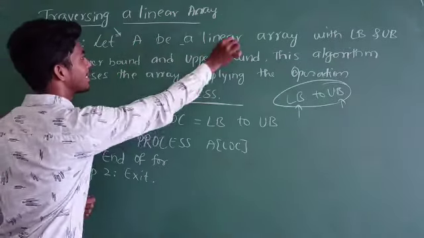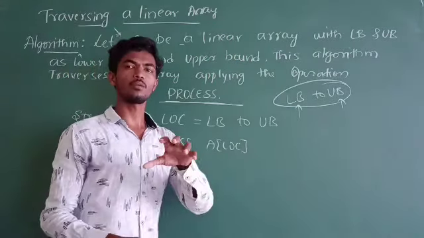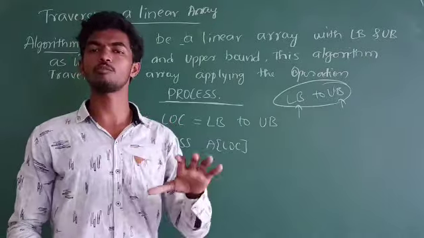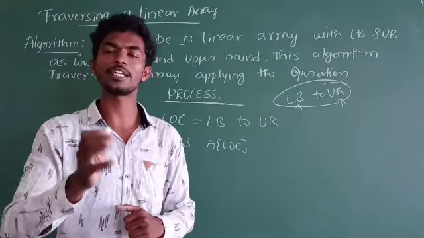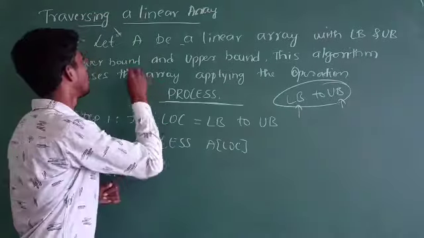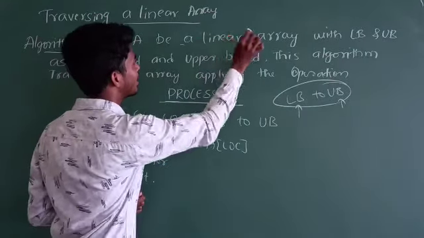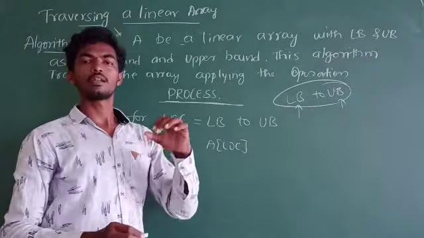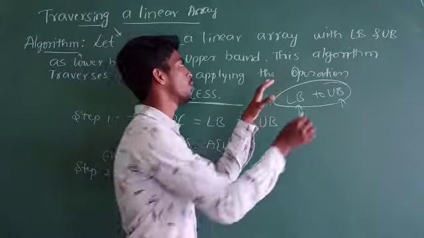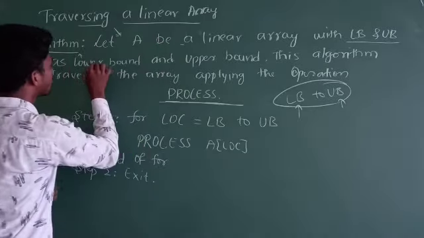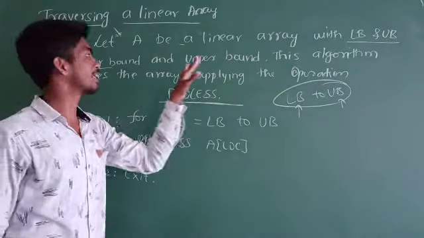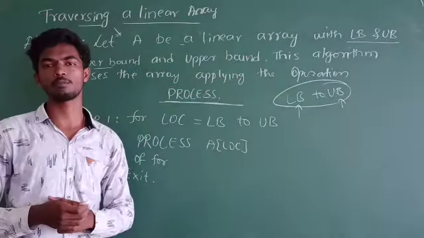Now, the traversal algorithm. Let A be a linear array, with LB and UB as the lower bound and upper bound.